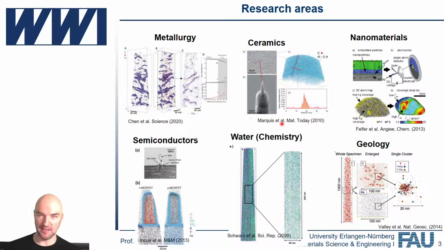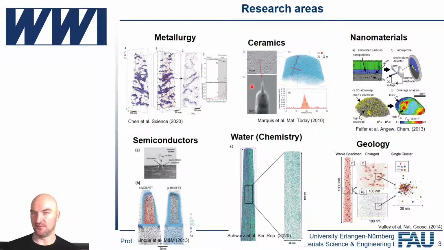But with the laser, we can actually do things like non-conductive materials like ceramics, geological materials, semiconductors, and funky things like water. So this is based on atom probe technology.